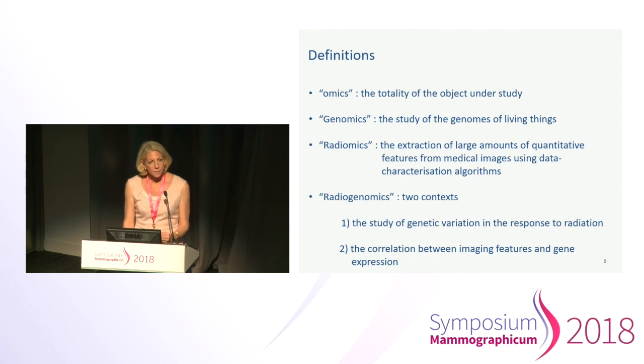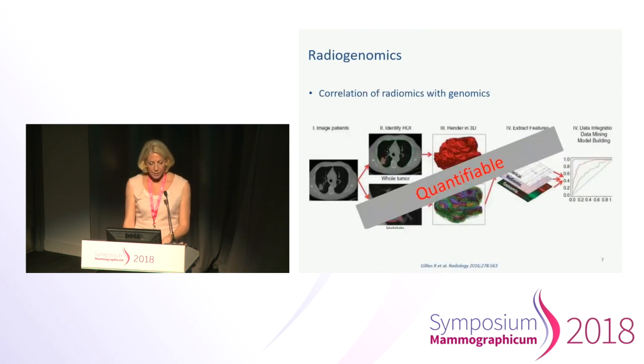However, in the context of imaging, and what we're talking about in this lecture, radiogenomics refers to the correlation between imaging features and gene expression. So the correlation of radiomics with genomics and the integration of quantitative imaging data with clinical features and outcomes.